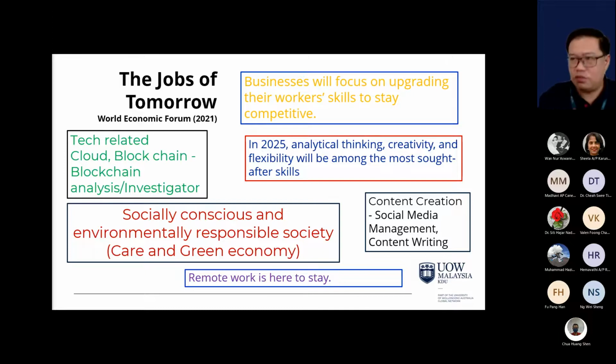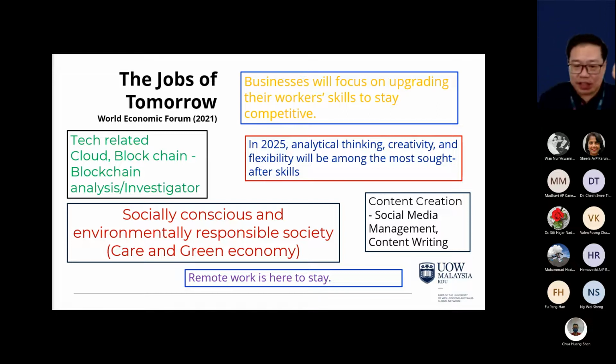Socially conscious and environmentally responsible society, care and green economy. This is another growing aspect for the jobs of tomorrow. Why are the young today a little bit different from us? The young today realize that there is only one world that we live in. This is the current one. We cannot go anywhere at the moment.